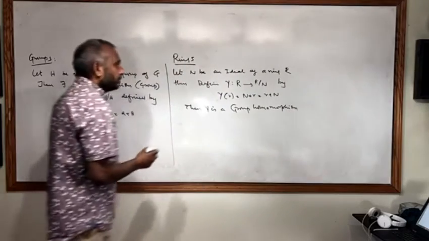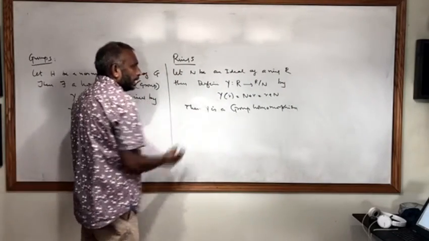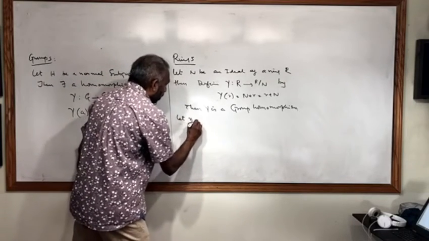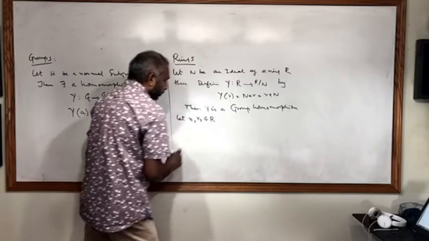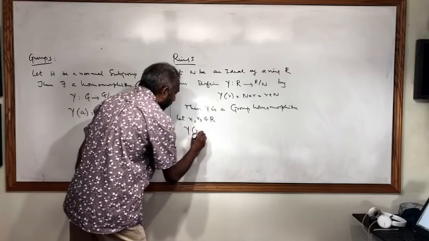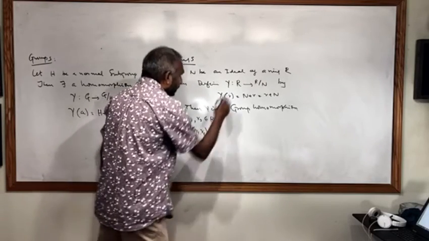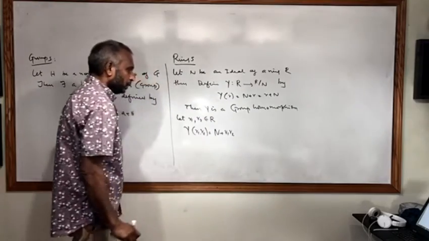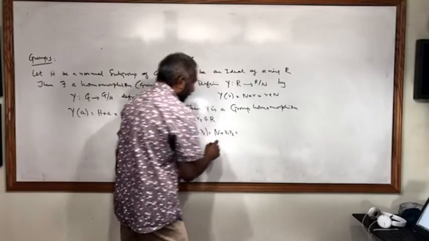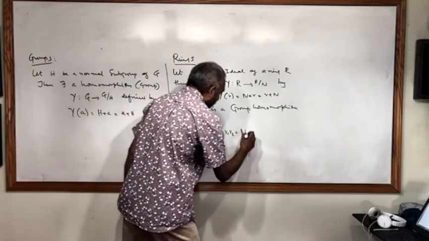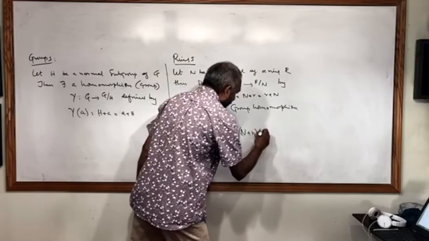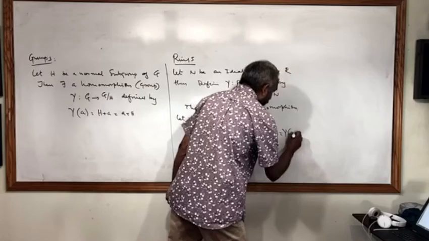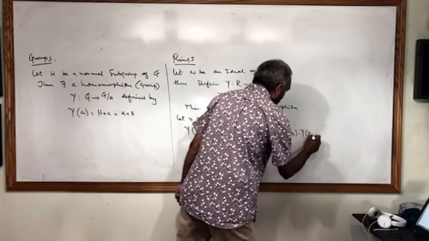Now let us see whether we can extend this to a ring homomorphism. Let r1, r2 belong to R. So gamma of r1 r2 is, by definition, N plus r1 r2, and by the definition of multiplication, this is actually (N plus r1) times (N plus r2), and that is equal to gamma of r1 times gamma of r2.